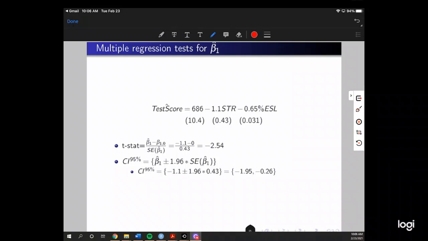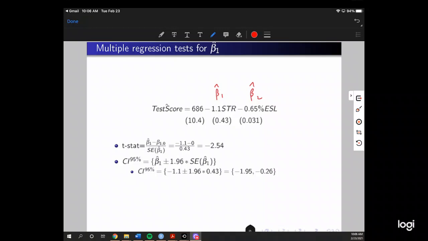Now let's compare the results with the multiple regression model. So multiple regression test for beta hat 1. So now we're going to do the same test for beta hat 1 in the model with an additional regressor. Turns out it works just the same way.